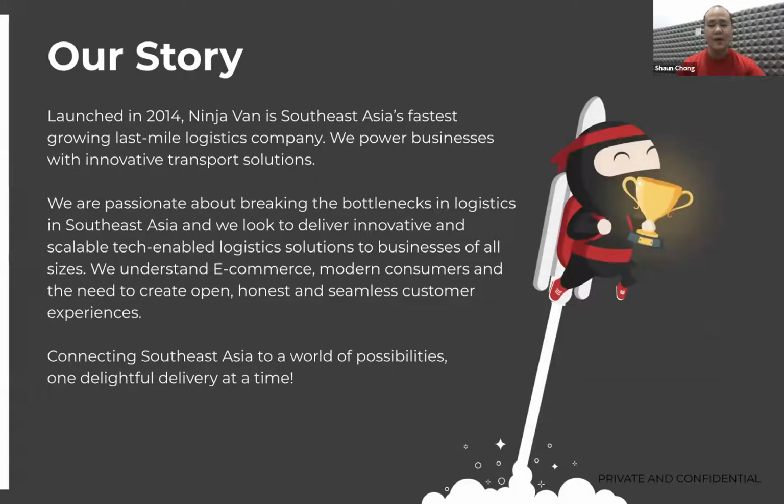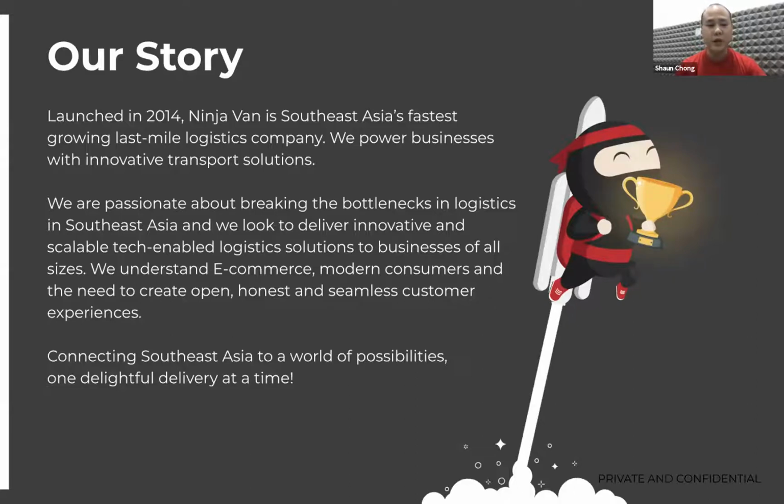Maybe I can take a bit of time just to tell you who we are. We are a company that started off in Singapore about 6 years ago, and currently we are present in 6 countries in Southeast Asia. We deliver upwards of 1.5 million parcels every single day.